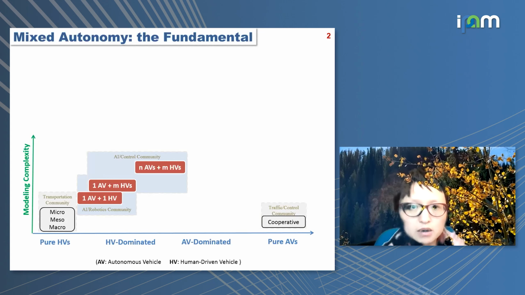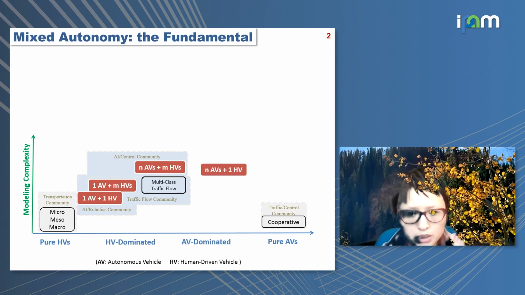AVs probably use multi-agent reinforcement learning and they are cooperative, and they try to learn to improve their driving policies with the background traffic. And the traffic flow community proposed another type of model called multi-class traffic flow. AV and HV are two classes, and they may follow different traffic flow models. Then when we integrate them, we try to understand the stability issues.